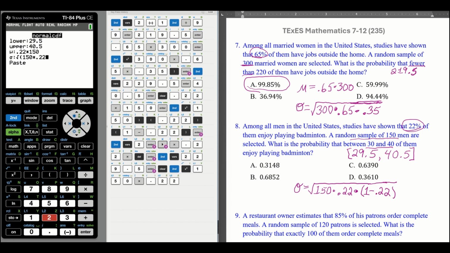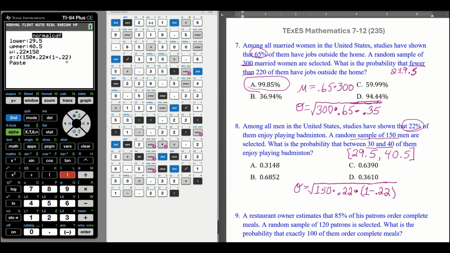So how I'm going to do it this time is I'm going to multiply like I did before and multiply. Then I will put in my parentheses 1 minus 0.22. If you do not want to pre-calculate, this is the way to do that. And I put in parentheses, not thinking, I knew better.